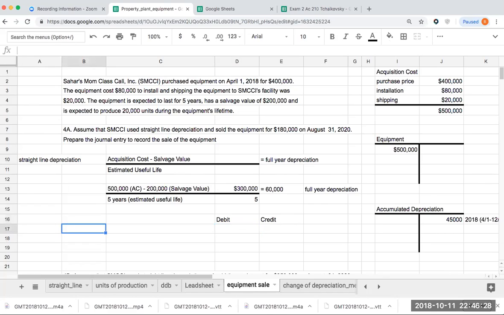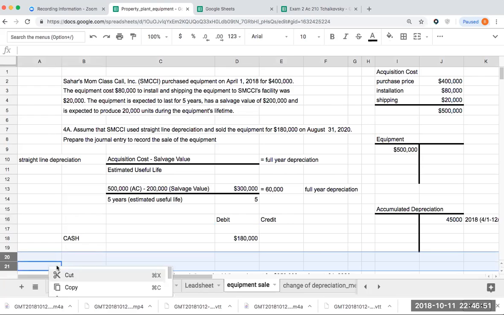We've got cash coming in of $180,000. So we're selling the equipment. When we sell equipment, we need to get rid of the equipment balance and also the balance in the accumulated depreciation.